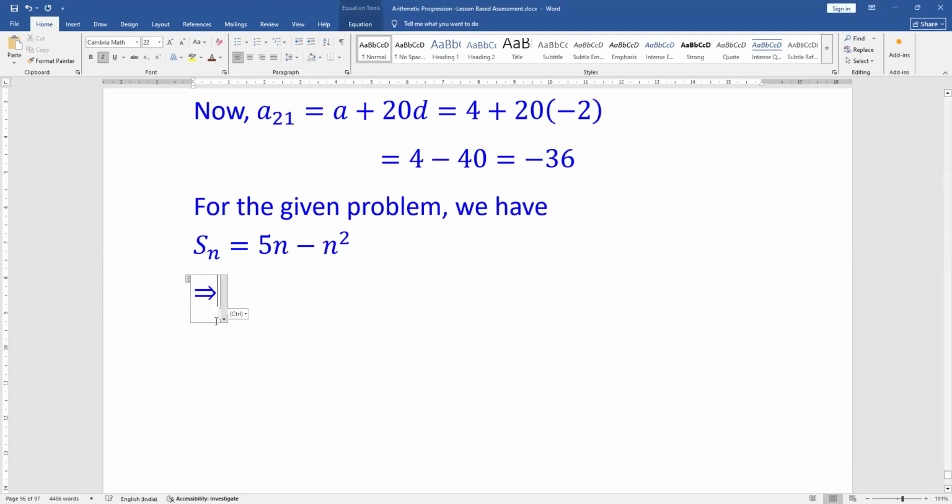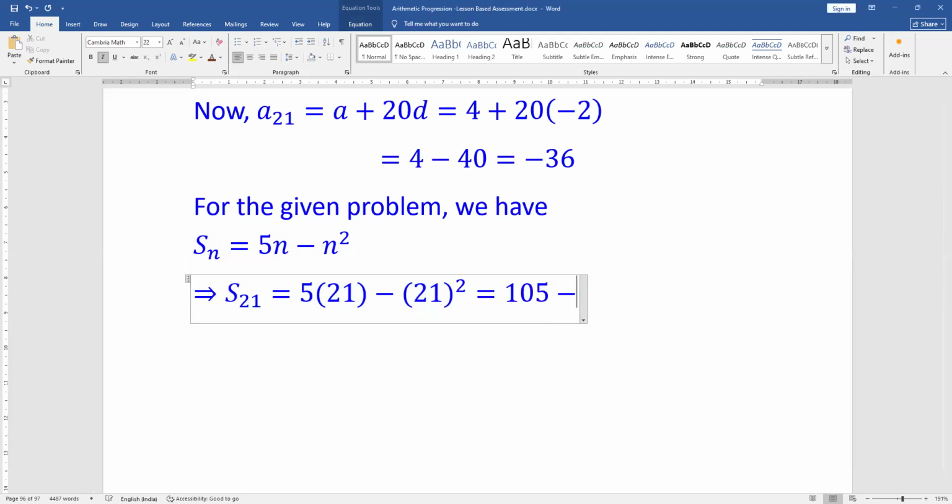Wherever there is n, we put 21. 5 into 21 is 105, minus 21 square which is 441. 105 minus 441 is minus 336.